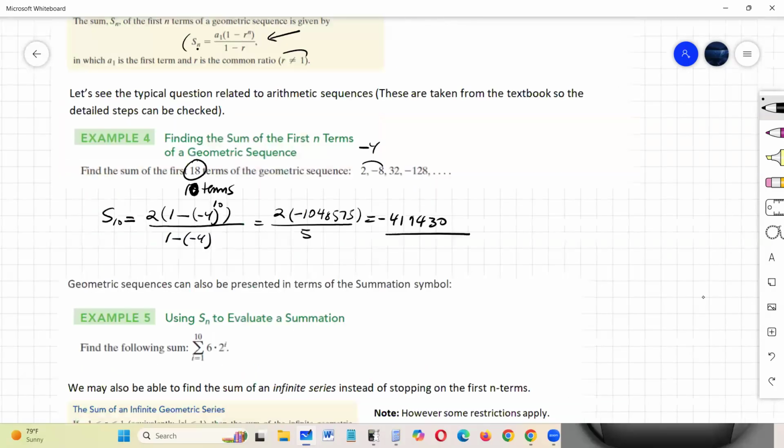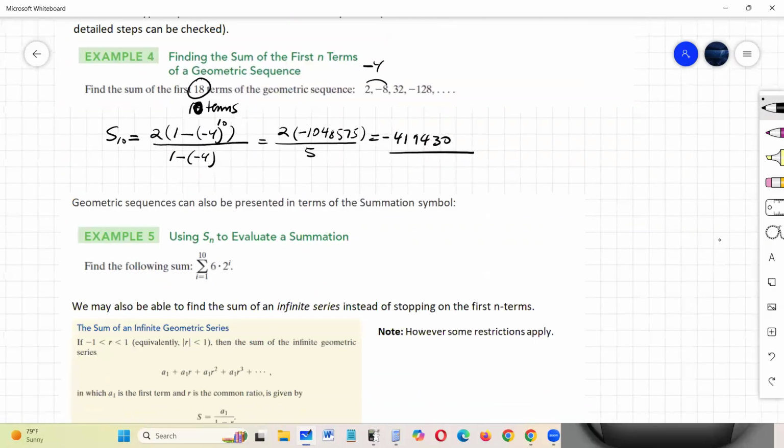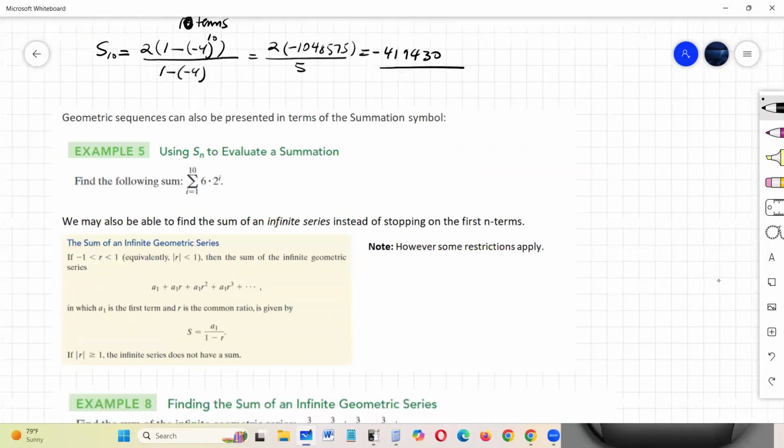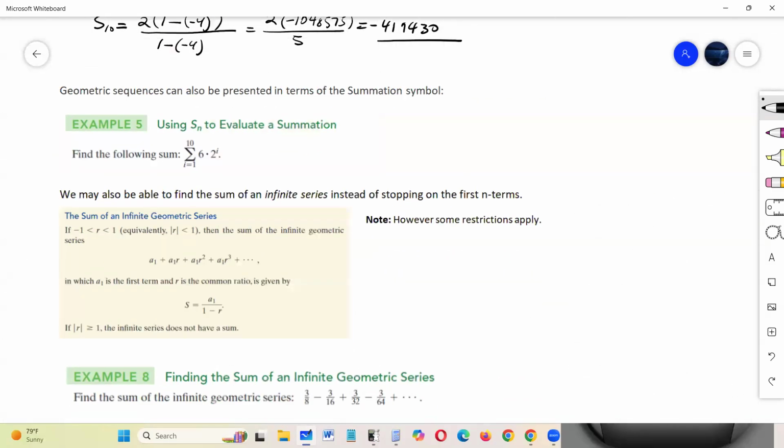Now, another way that you may be presented a question is using the summation notation. Notice, this is a much more important question than the previous, which was just an application of the summation formula. Here, they are telling you, just find the sum.